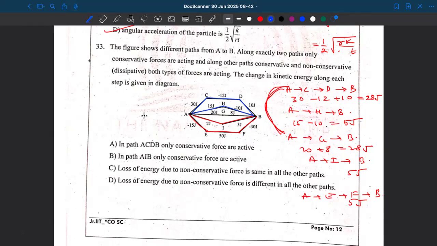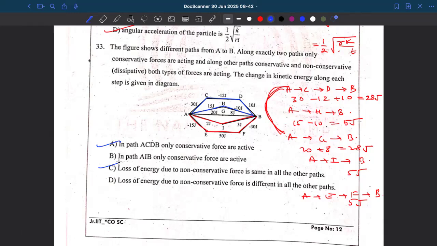In the path AIB, only conservative forces are active. Actually, they have given the answer as AC here.